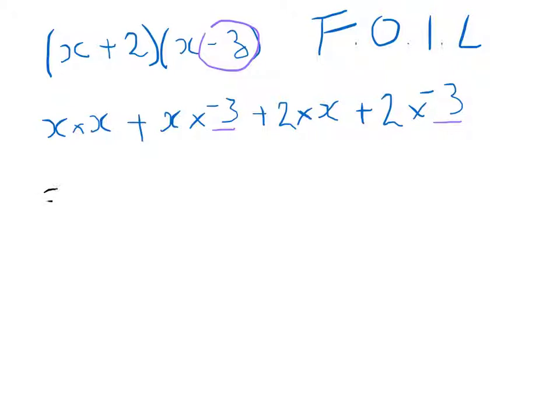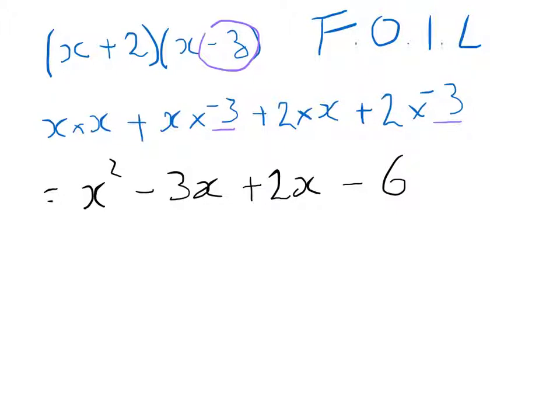So this gives us x times x is x squared. Then x times negative 3 is negative 3x. And then x times 2 is plus 2x. And then 2 times negative 3 is negative 6.